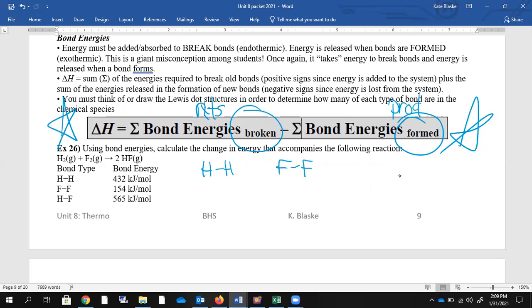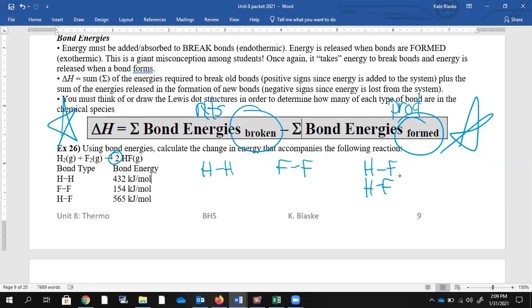Those are both single bonds. HF is a hydrogen single bonded to a fluorine, but we've got two of them, right? Sometimes it helps to draw these out.